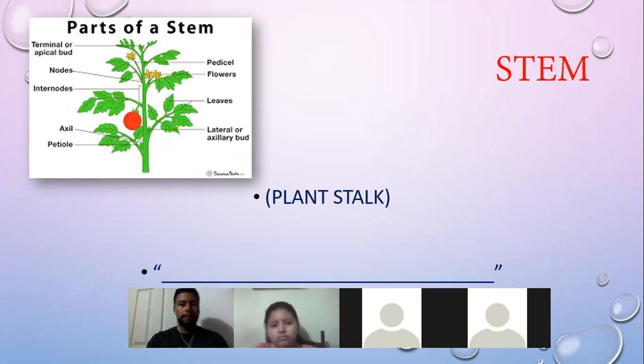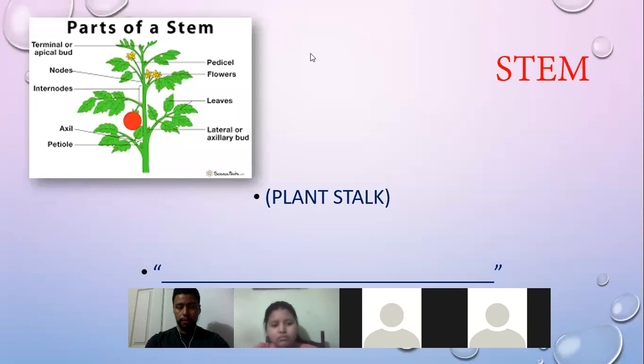In this case, I will give you just the illustration. So I need an example. Who can give me an example about stem, this word? You can write in the chat. Please help me. Let's go.